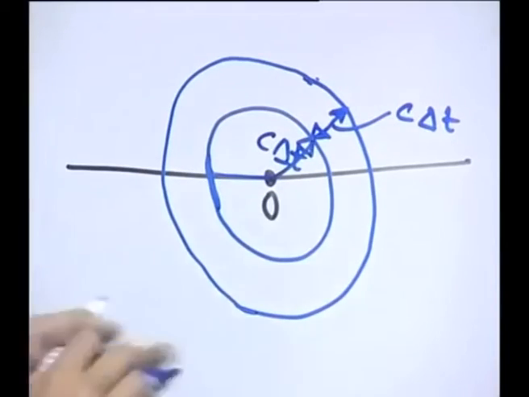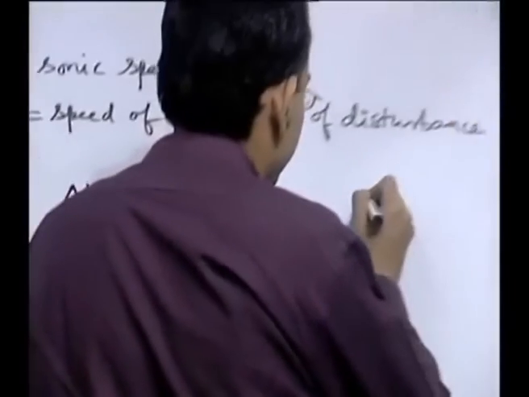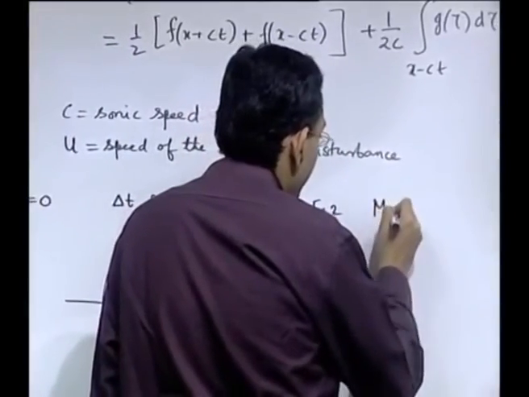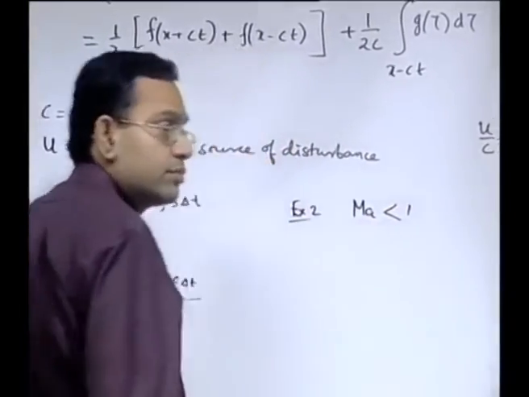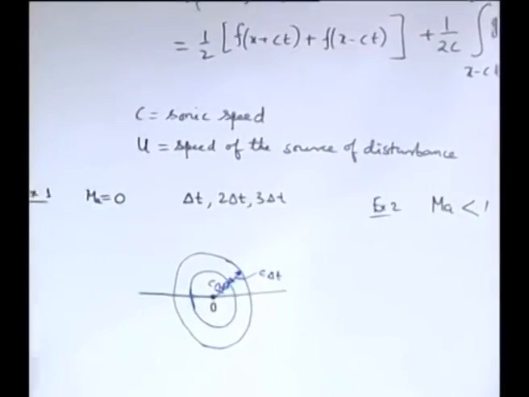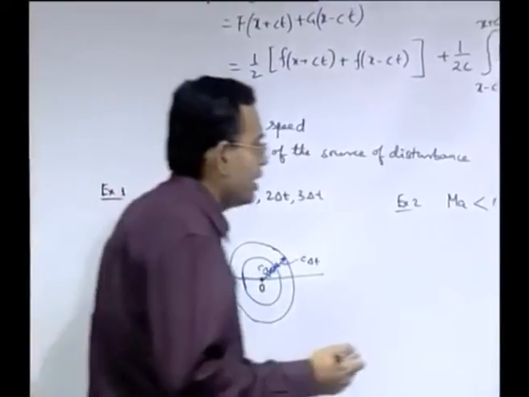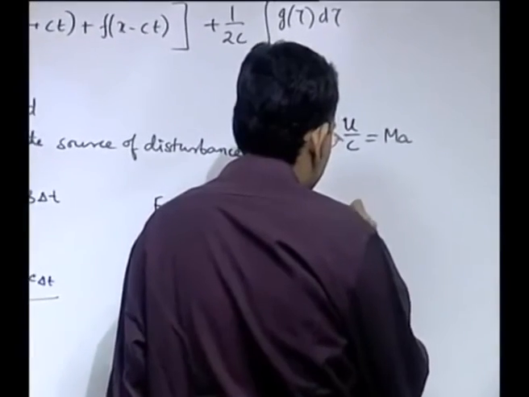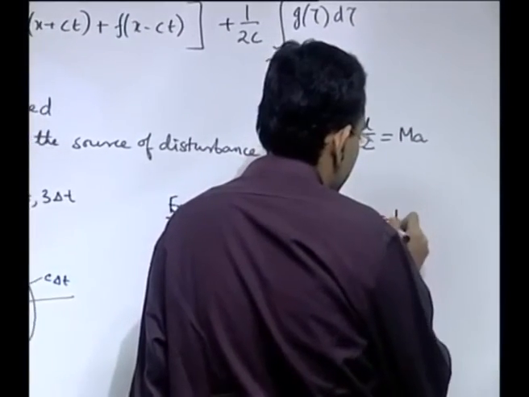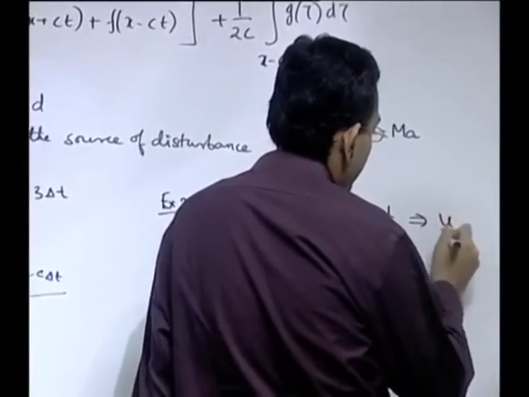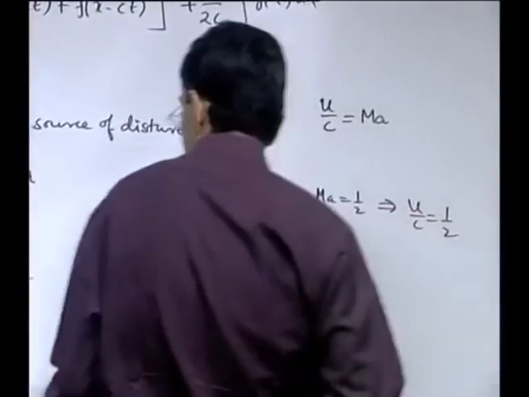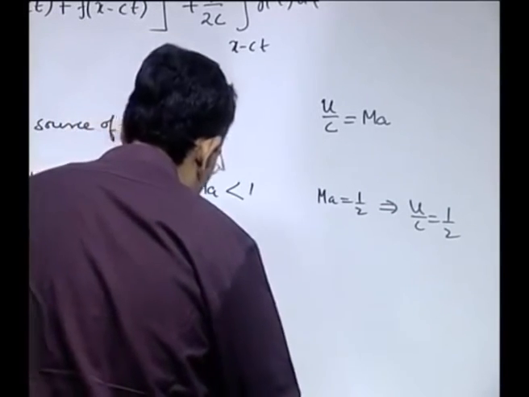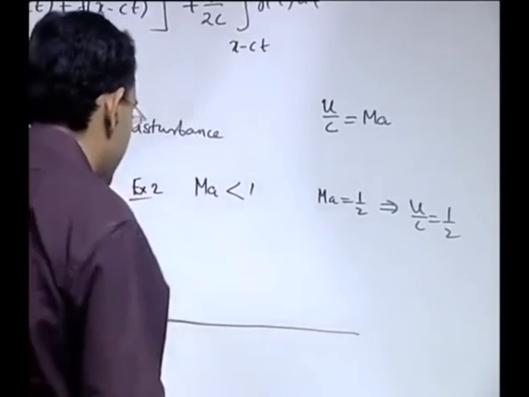Let us consider a second example. Say Mach number less than 1. Less than 1 can be so many. So, just for a special case, let us say that Mach number equal to half, that is u by c equal to half. Let us try to draw a similar type of diagram for this case.